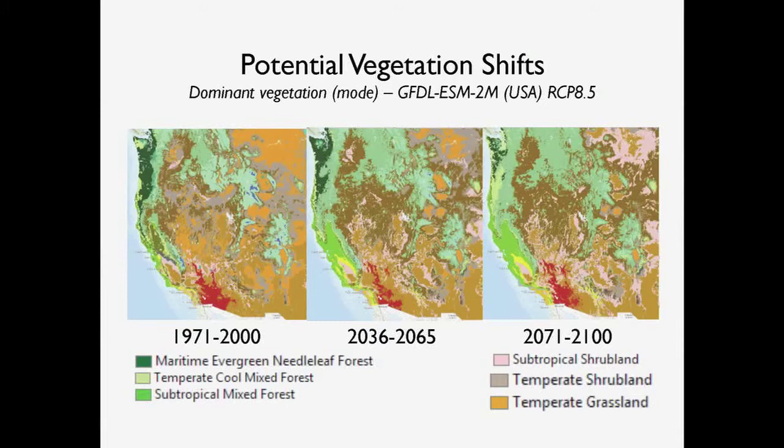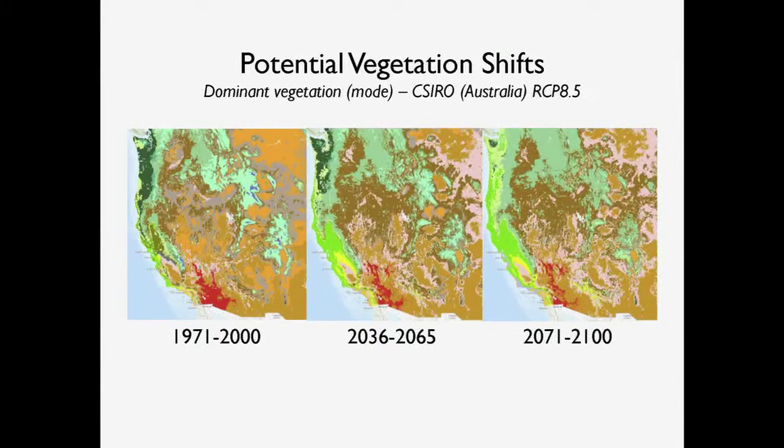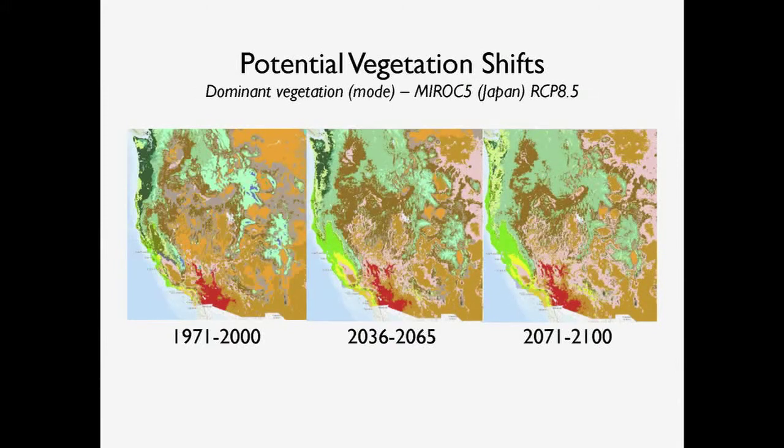So this is going to go fairly fast for you, but this is the GFDL ESM2M. This is the INM-CM4 from Russia. And you can see that at the end of the century, it's a very different picture from the previous one. Then there's the Australian model, CSIRO. Then MIROC5, Japan.